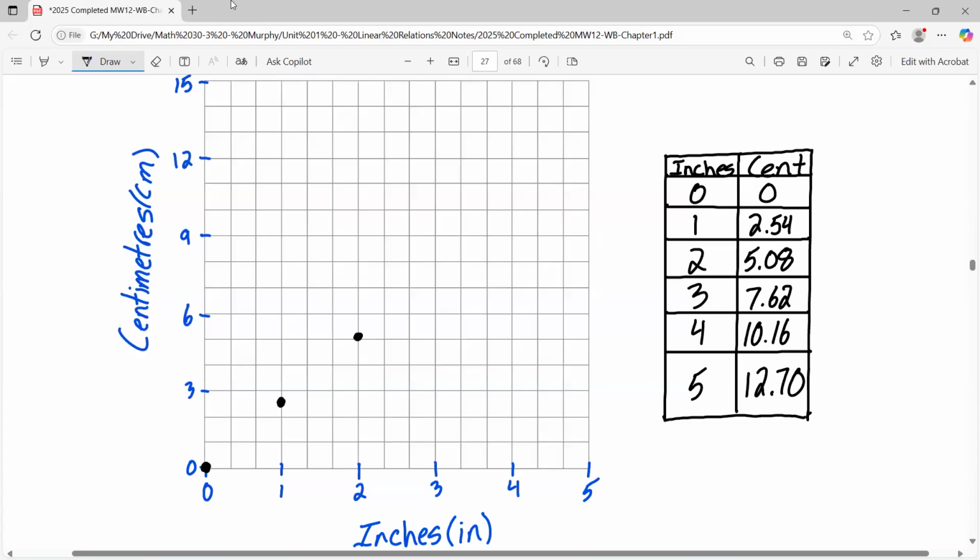Okay. And then 3 would be 7.62. So that would be just, if this is 7, this is 7.5. That'd be right about there. And then 4 is going to be just above 10. So 9, 10. And then 5 will be 12.70.